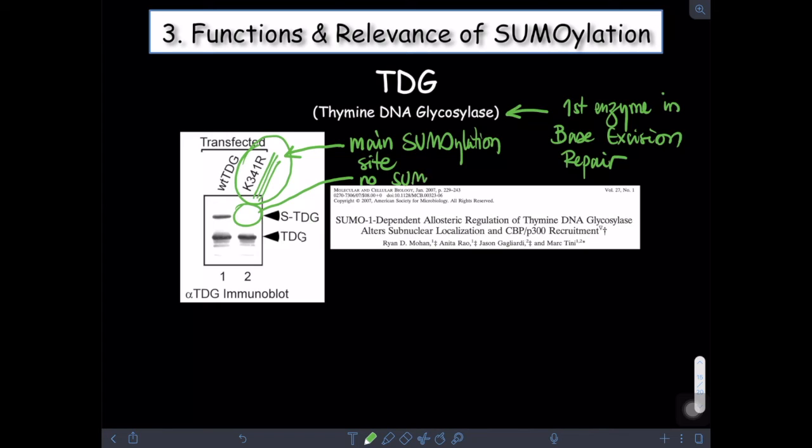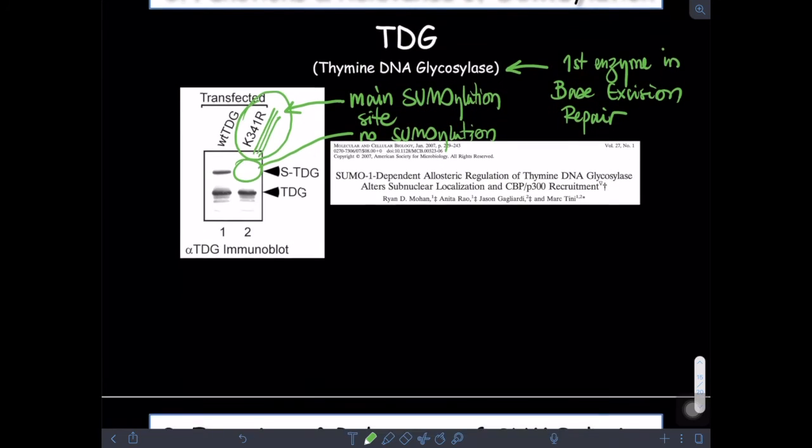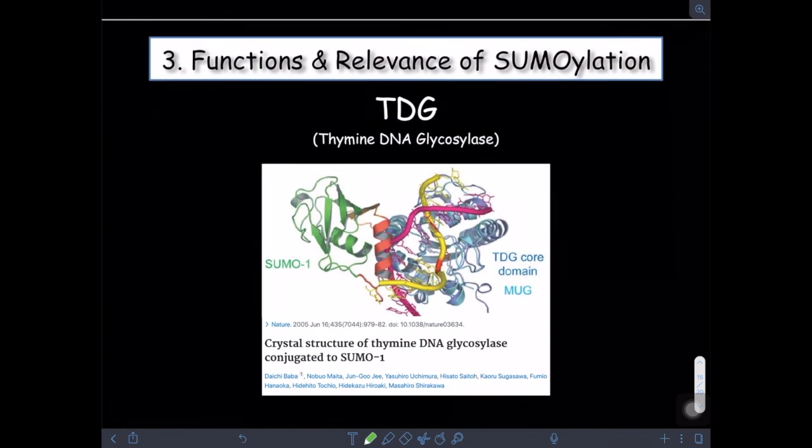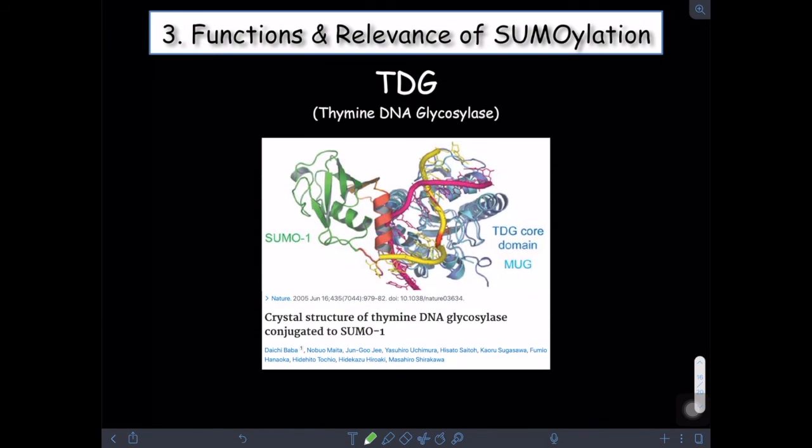The subsequent studies performed on SUMOylation of TDG were aimed at characterizing the shape of the SUMOylated form of TDG, and in fact this was one of the very first SUMOylated proteins whose structure became fully characterized.